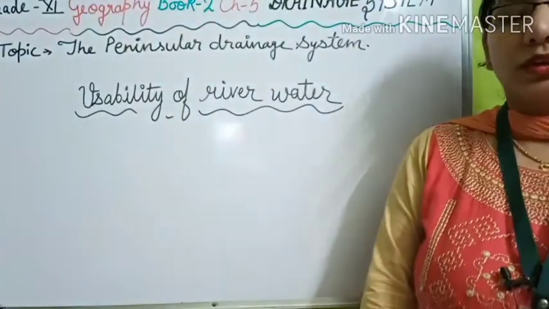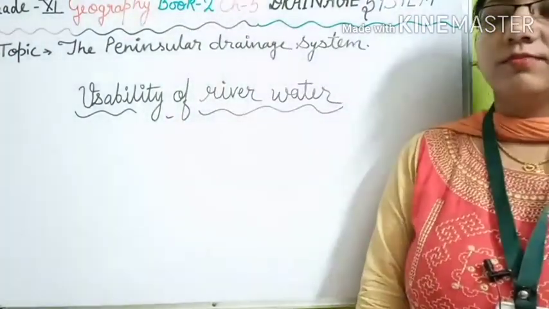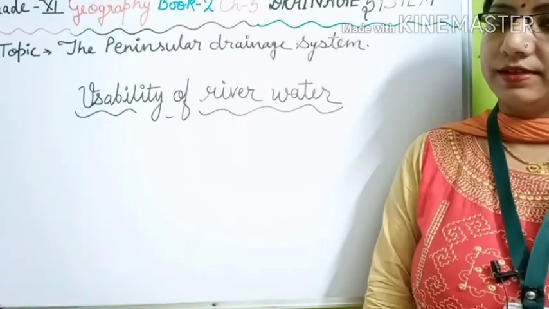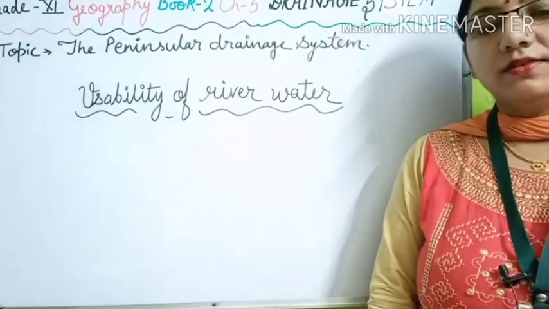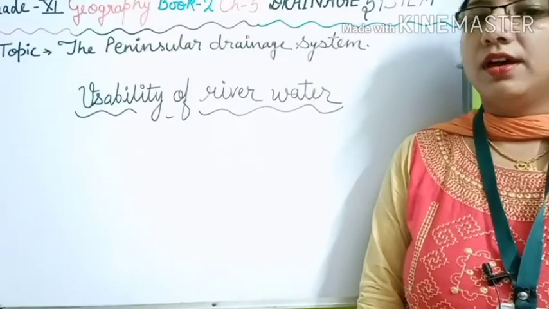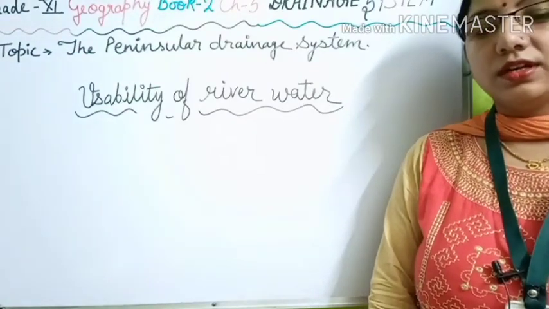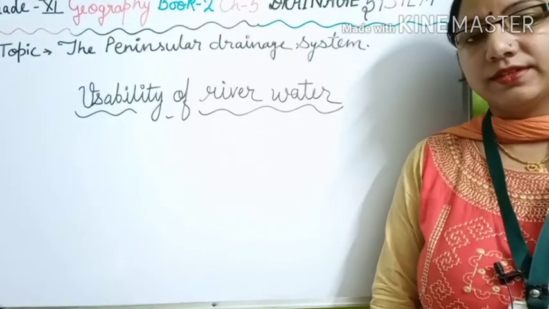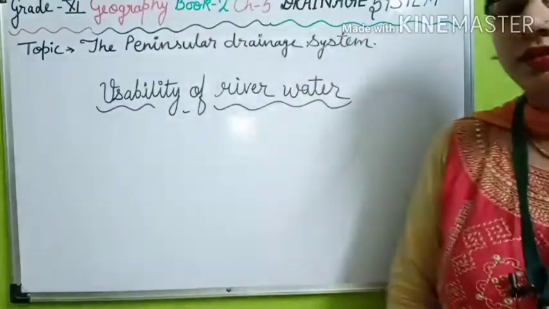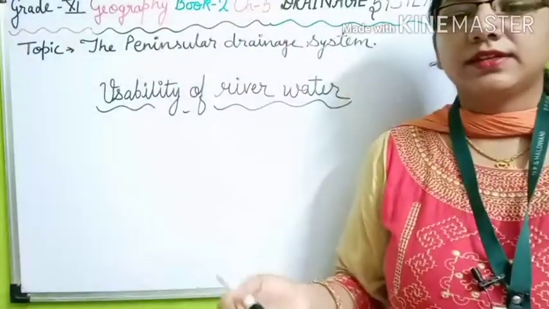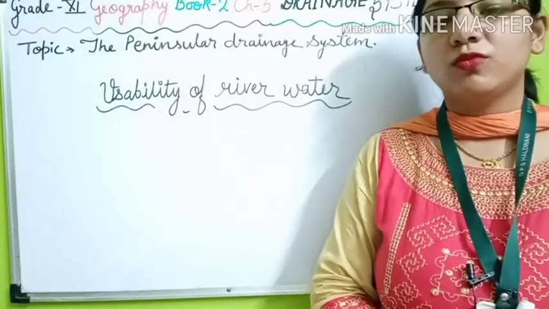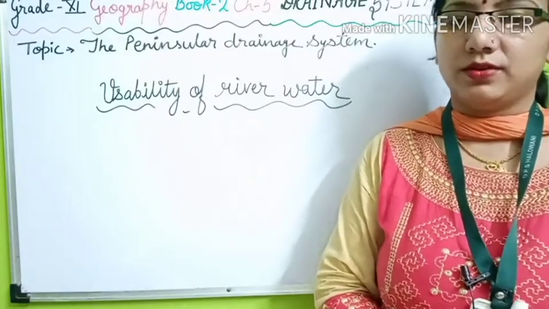Number 2, the construction of canals parallel to the rivers. Number 3, lift irrigation. Number 4, the interlinking of rivers. These methods can also be utilized to remove the problems of floods and drought.